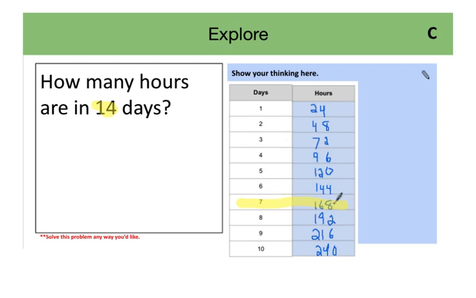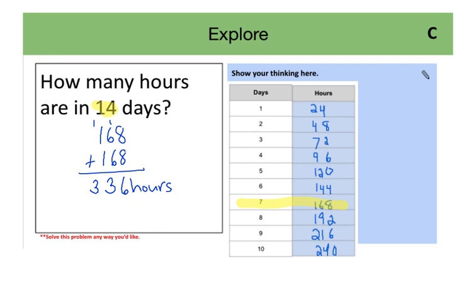And if I double 168 hours, it'll find me the equivalent of how many hours are in 14 days. I could even just add if I feel more comfortable adding. 8 and 8 is 16, 6 and 6 is 12, plus the 1 that was carried over is 13, and 3 ones gives me 336 hours.